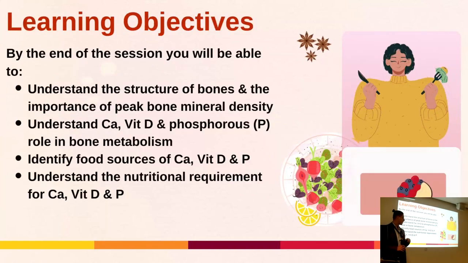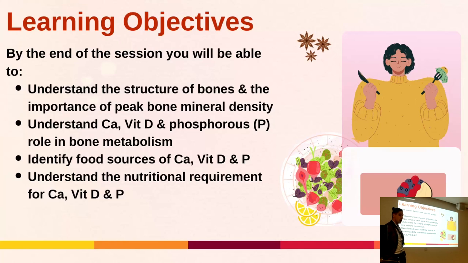Okay, so assuming we've done that little task, this is what we're going to try and achieve with our session today. I'm going to talk about bones and their structure. I'm going to talk about peak bone mineral density.